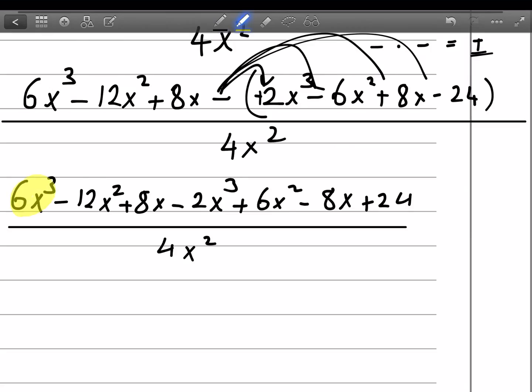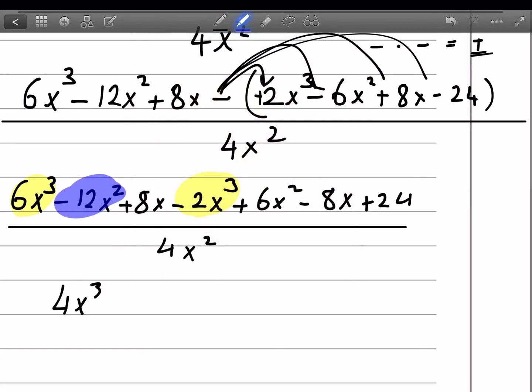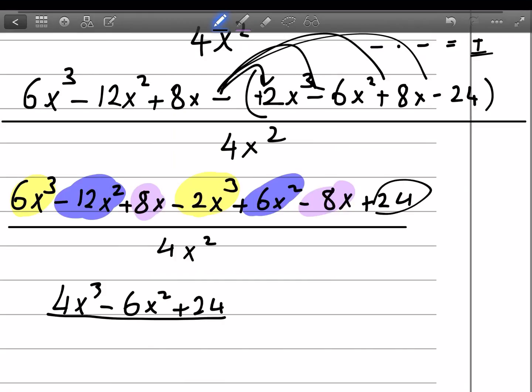We do the similar operation: 4x cubed, minus 6x squared, and 0 here for the x terms, and we have the constant plus 24 over 4x squared.